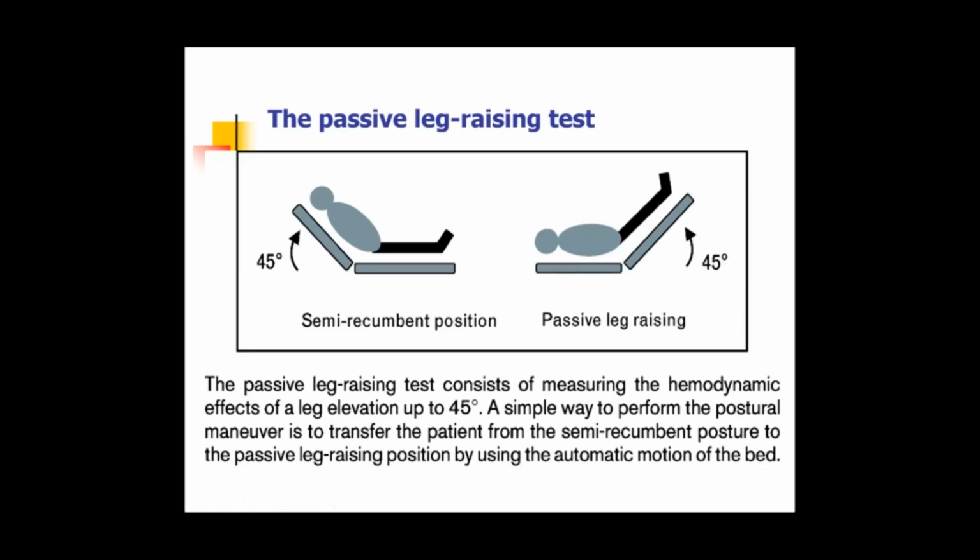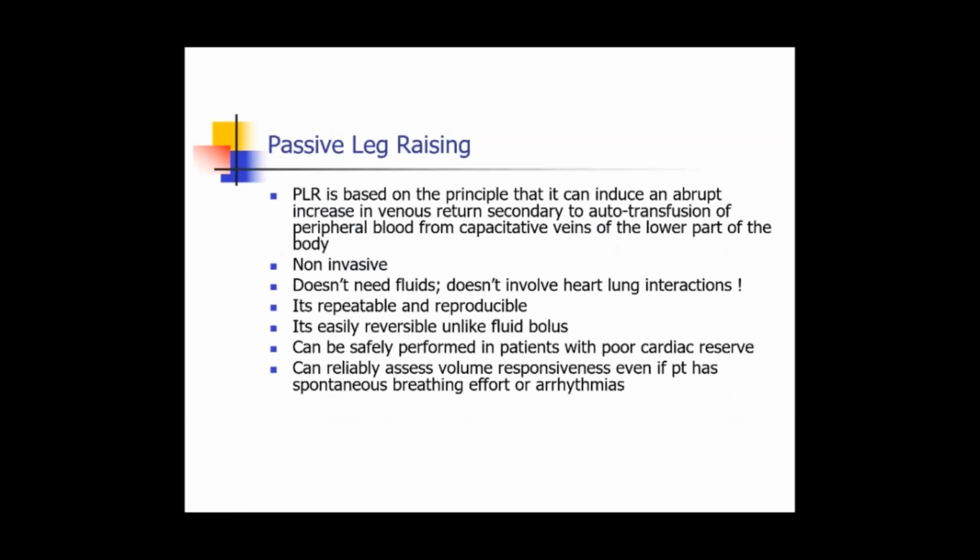This is a simple way to perform. And see, the passive leg raising is based on the principle that it can induce abrupt increase in venous return, secondary to the auto transfusion of the peripheral blood from the capacitative veins of the lower part of the body.